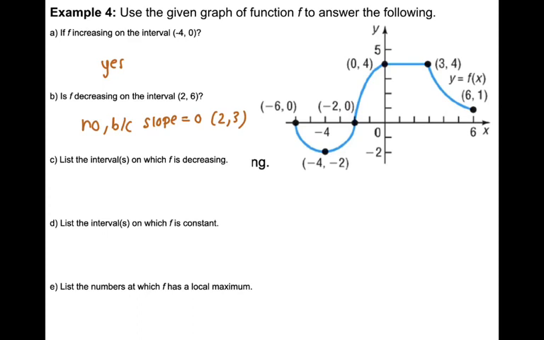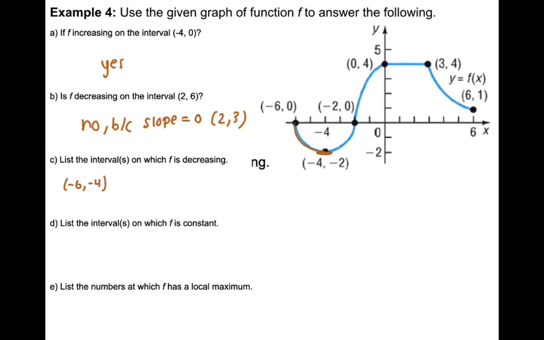C asks us to list all the intervals where our function is decreasing, so let's take a look. Going from left to right, we have negative values for the slope between -6 and -4. We're not going to include either of those endpoints because at -4 the slope would be 0, and we don't know what the function does to the left of -6, so we can't make any assumptions there.